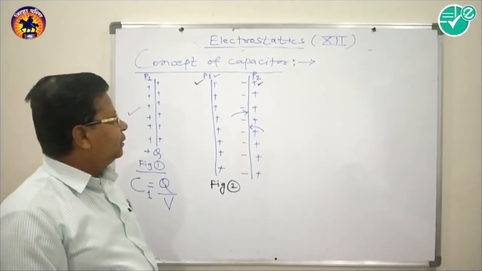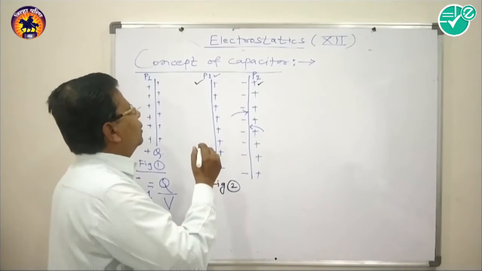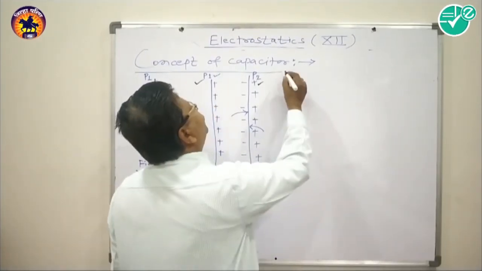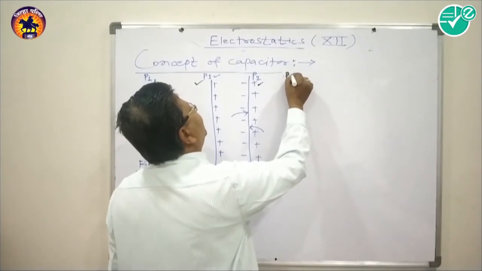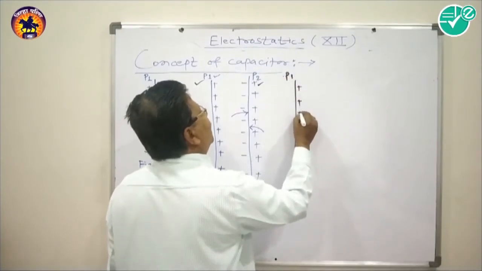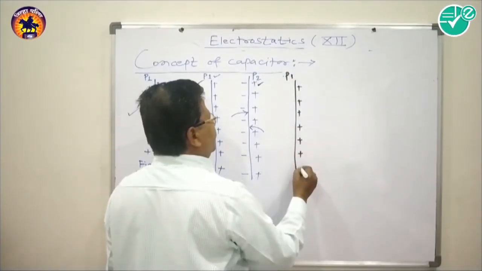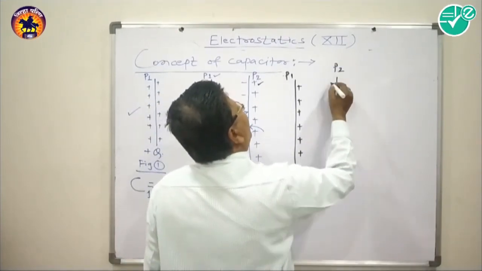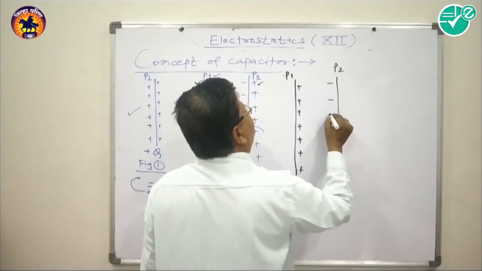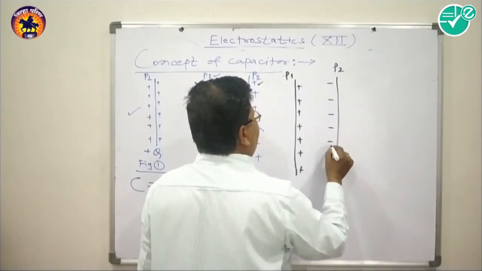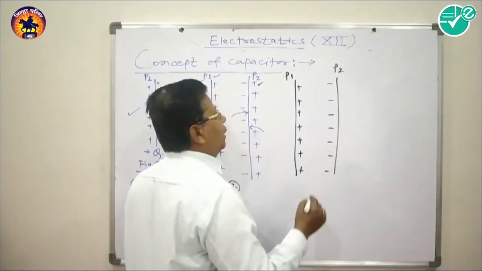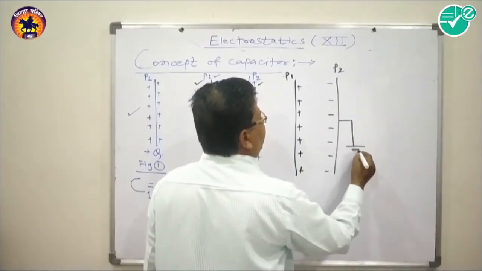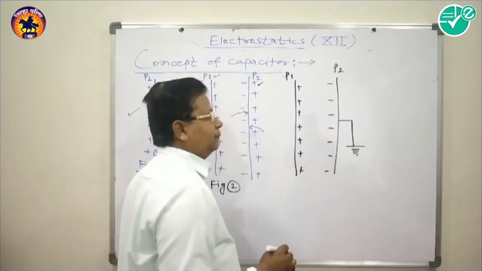Now, in the third case, suppose again as usual our plate P1 has charge plus Q, and inside the plate P2 there are negative charges. Now this plate P2 is connected to the earth.